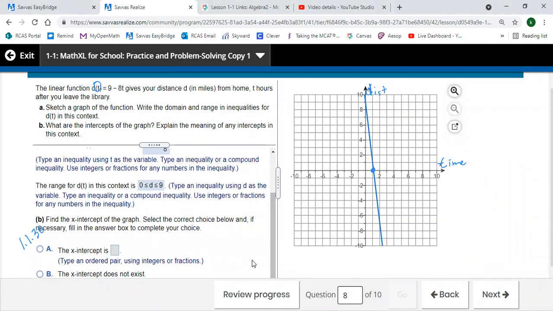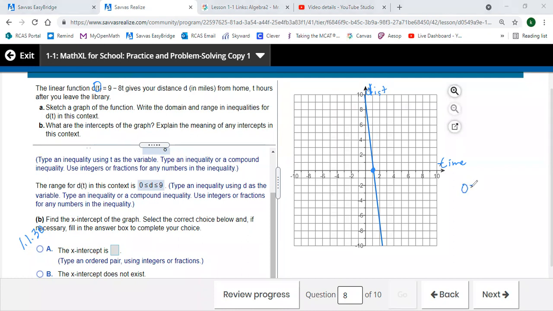Okay, now the next part, find the x-intercept. So my x-intercept, oh, that's this right here, when y is 0, right? So if this is 0, didn't I already solve that? I set that up right here. I must have erased it.